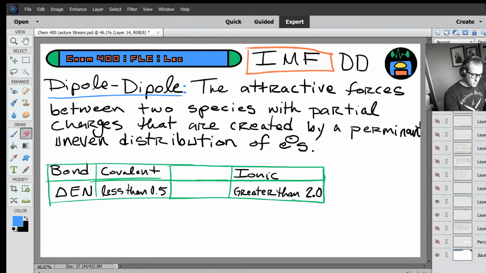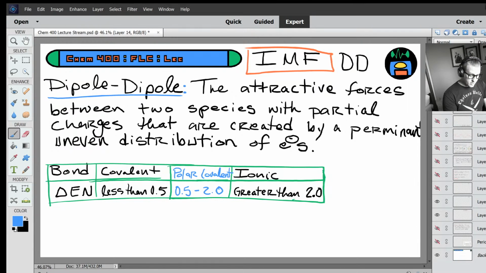What happens when your difference in electronegativity is between 0.5 and 2.0? The type of bond you form is called a polar covalent bond. It's still covalent. The electrons are still shared between the two nuclei, but the critical difference is that they're shared unevenly.